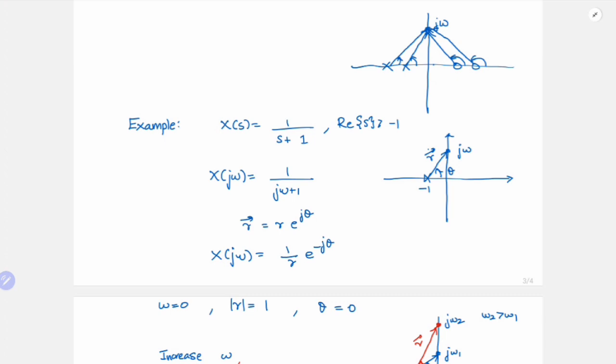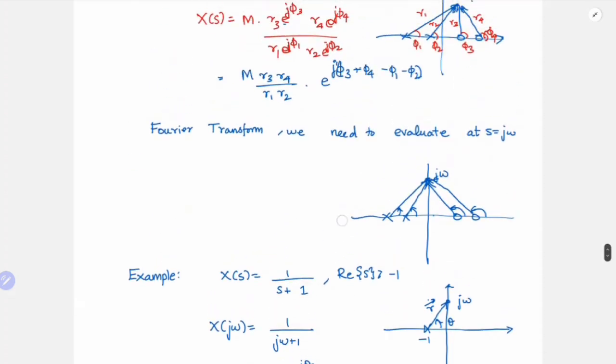In that case we can use this kind of method where we just need to find the individual magnitudes and individual phases, and then we can add, subtract and multiply accordingly, and we can determine it easily. So it will provide a good enough estimate for us. So that's why we have discussed this one.